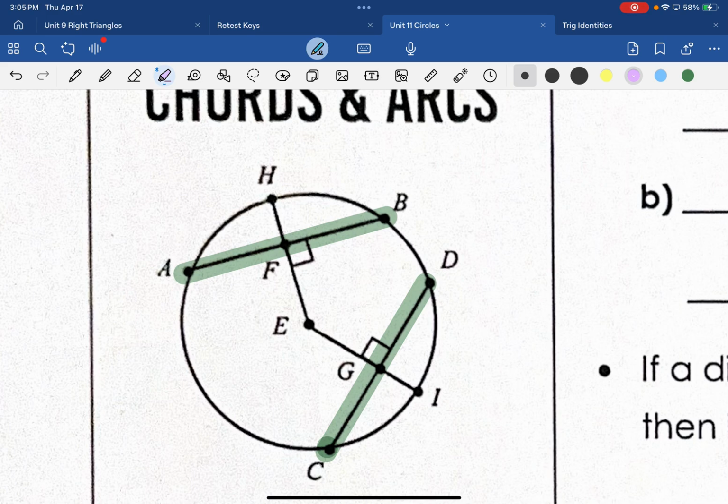AB again. So AB, that arc is made from the chord AB. So what arc is made from the chord CD? DC or CD. It can go in either order. So right here we have an arc and we have chords named by the same thing.